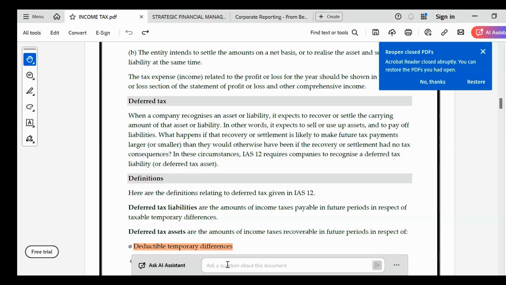But at the end of the day, the full effect was spread over a number of years, and it matched. So to match that in the current period, we do what is called deferred tax. Deferred tax is a consequence of the fact that the full tax effect will not happen in one single period. It will overlap into the future. So you are making an estimate and an accrual for it now, so that by the time it is in full effect in the future, you have already provided for it.